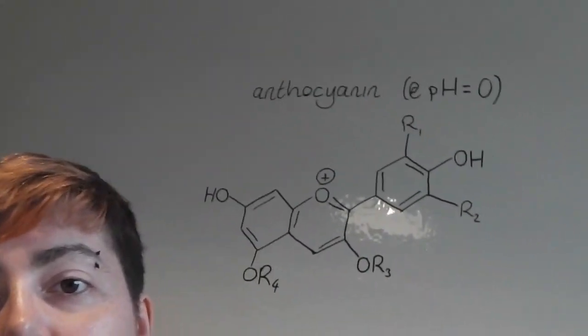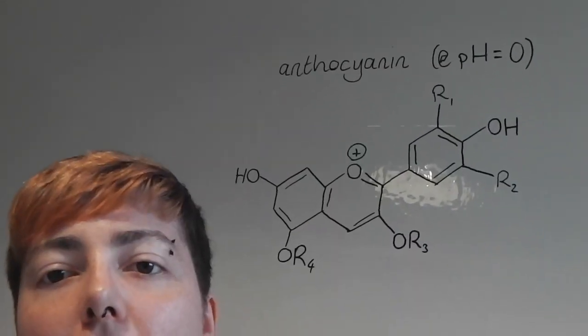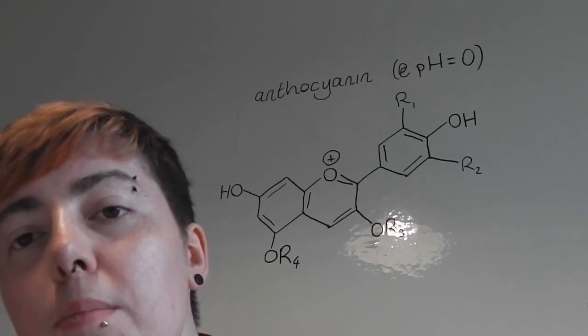So I feel like now's a good time to tell you about anthocyanins. Anthocyanins are the molecules in red cabbage that actually allow it to behave as a pH indicator, because depending on the pH of the solution that it's in, it can change colour. So behind me, we have an anthocyanin at pH 0, but the more protons are removed from that structure, the more the colour changes.